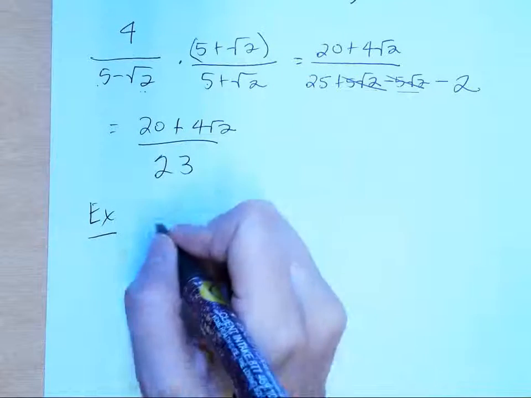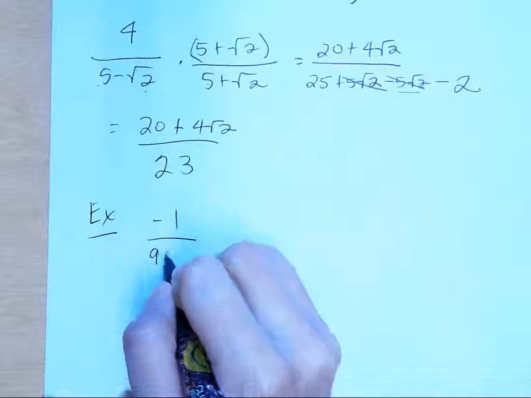Let's do negative 1 divided by 9 plus root 7.